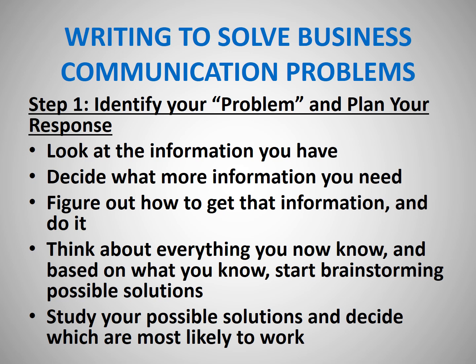I think about everything I now know, and based on what I now know, in terms of how to solve this problem, I start brainstorming possible solutions to the problem, possible answers to the question, possible ways to deal with the issue. I look at each of those possible solutions, and then I decide which one is most likely to work, or which ones are most likely to work.